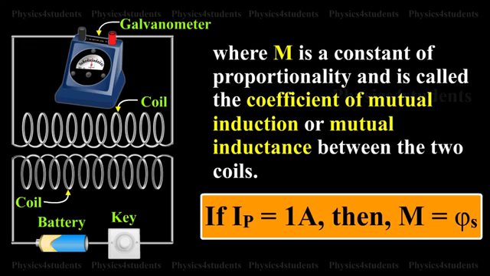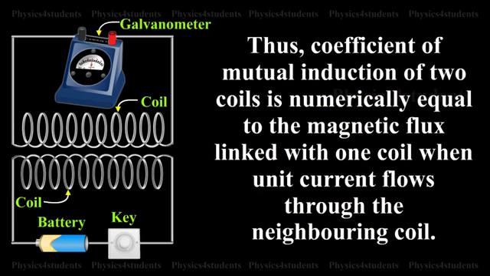If IP is equal to 1 A, then M is equal to phi S. Thus, coefficient of mutual induction of two coils is numerically equal to the magnetic flux linked with one coil when unit current flows through the neighboring coil.